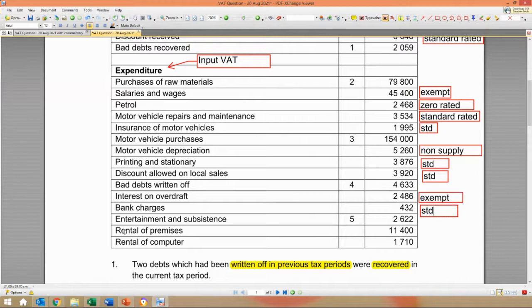Okay, entertainment and subsistence. What do you think we need to go look out for when we see entertainment and subsistence? Is there anything we need to specifically go look for? What do you guys think?